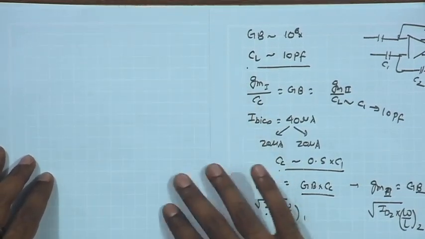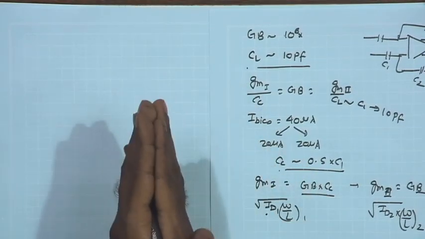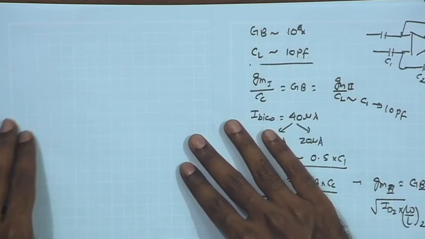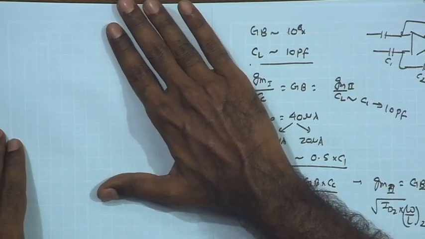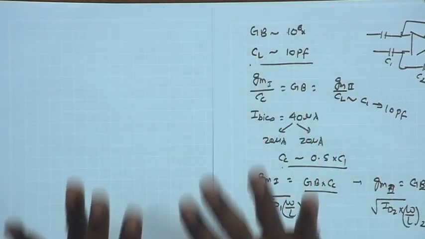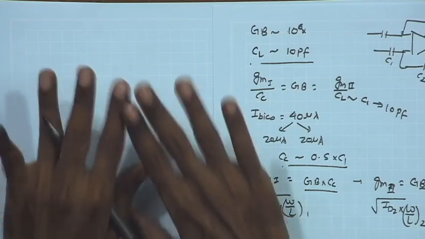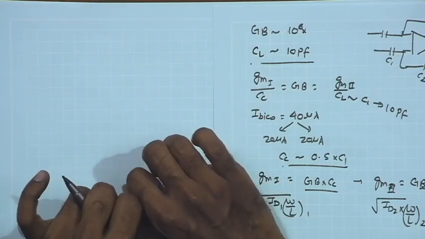So, for the time being, let us bifurcate the gain requirement equally. It is not a bad choice, and you can do that, especially for low power applications where the current budget is the deciding factor.